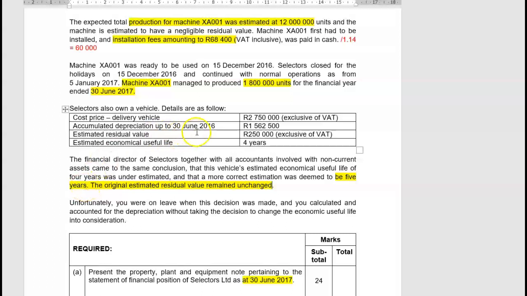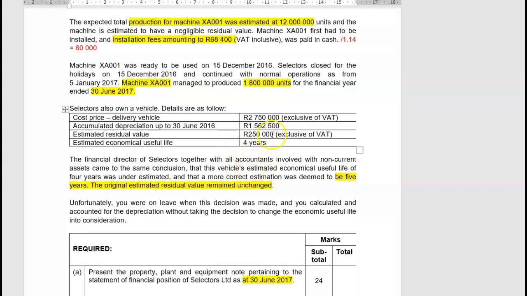What we have to work out is how many years the 1,562,500 accumulated depreciation represents. Because remember, when we work with the reallocation method, we look forward from the beginning of the current financial year, and we can only use the remaining lifetime of the asset to determine the depreciation charge.